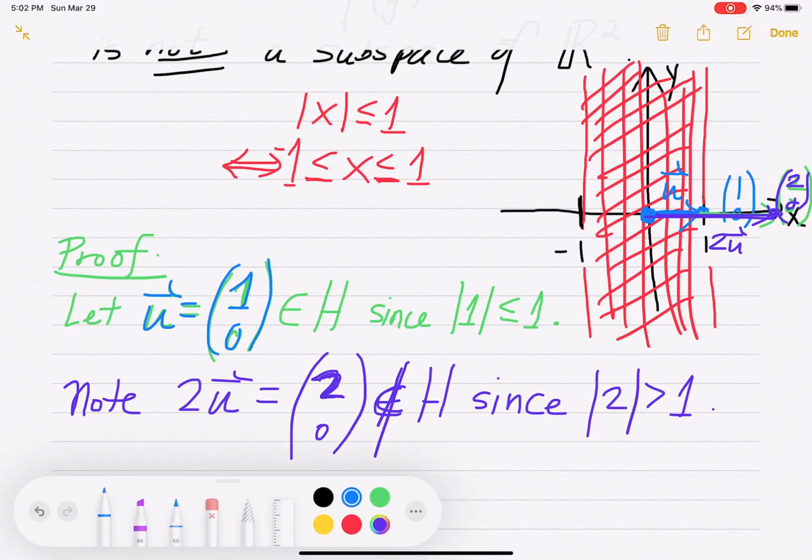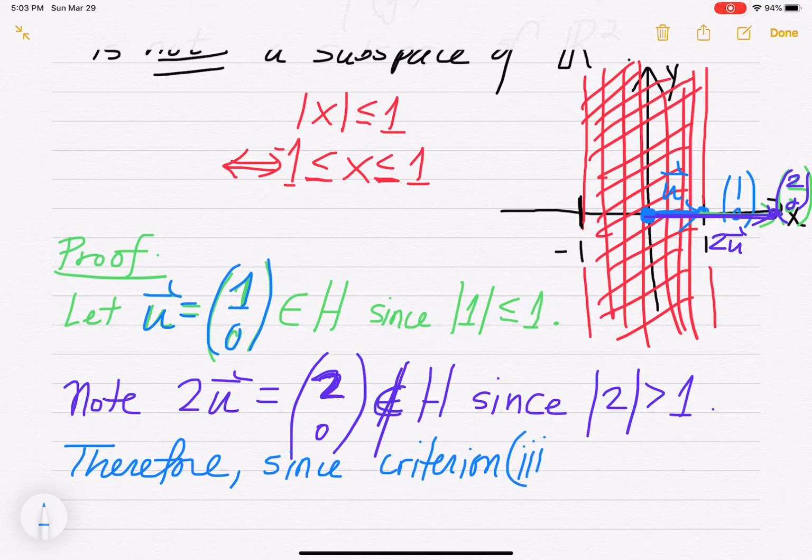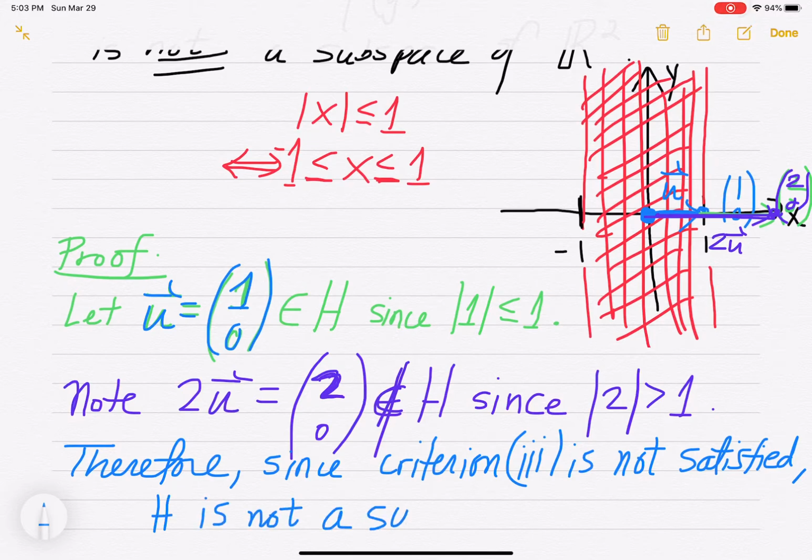So, therefore, because we fail to satisfy criterion 3, since criterion 3 is not satisfied, H is not a subspace of R2.